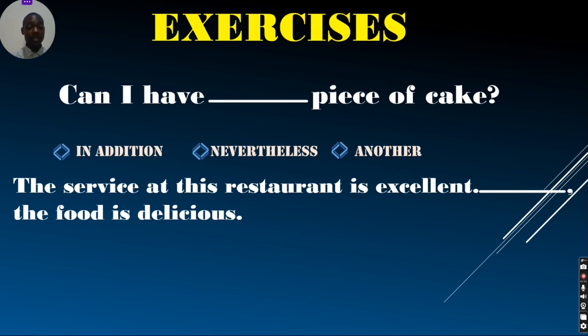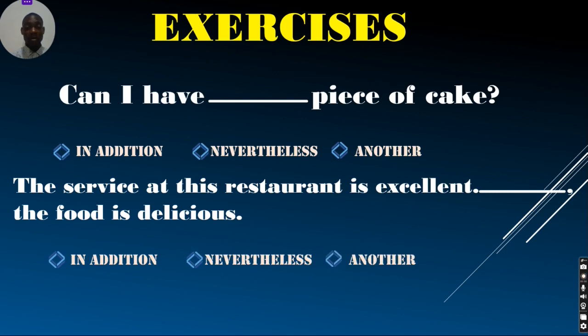So, qual é a resposta correta? Ok? We have in addition, nevertheless, or another. The service at this restaurant is excellent. In addition, the food is delicious. We can say, nevertheless, the food is delicious. Or another, the food is delicious.